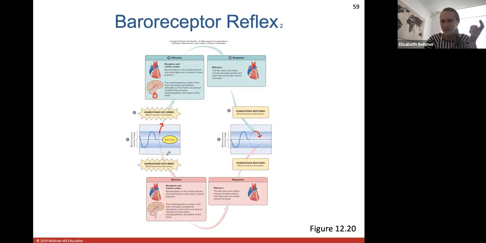If homeostasis is disturbed the other way, if blood pressure decreases too low, that also is picked up by baroreceptors, and it sends out an effector to your SA node to try to increase heart rate, to try to increase blood pressure back into normal range. So that's how your baroreceptors, part of the nervous system, try to keep your blood pressure in a normal range.